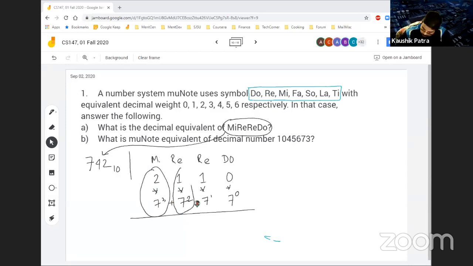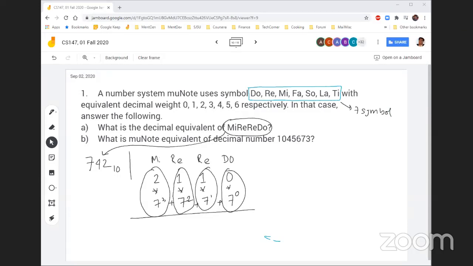Okay, so everybody followed, Akash, on that part? So basically he looked at the positional weight because we have the 7 symbols here, so it is of base 7. Each symbol mi, re, do has an equivalent value of 0, 1, 2, 3, etc. So we pick up those symbol values, place them like 2, 1, 1, 0, and each of them is multiplied with the positional weight.